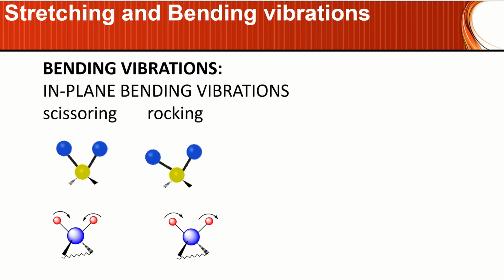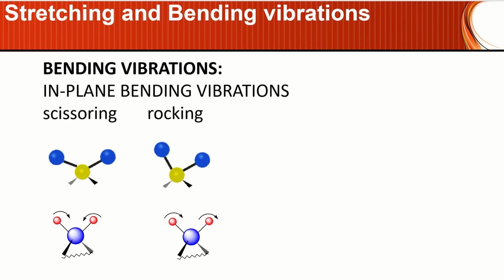And for the bending vibrations, we have in-plane bending vibrations, and we're seeing here scissoring and rocking, right? So it's in plane, it's in one plane. If we think of it as just a sheet of paper, and all three atoms are aligned on that sheet of paper, the movement is occurring within the plane of that sheet of paper, right?